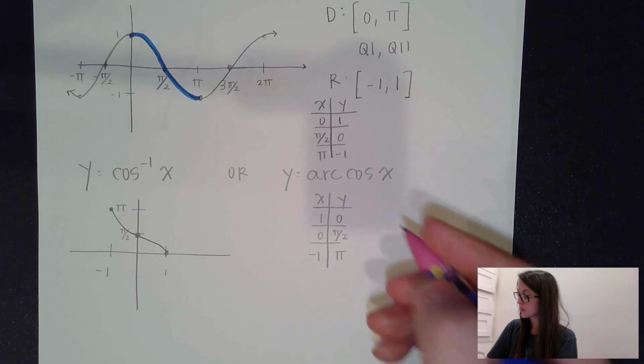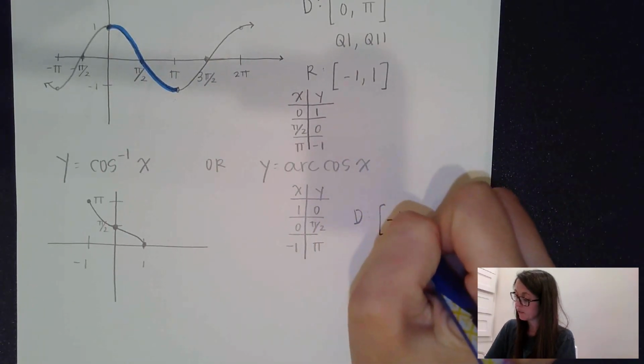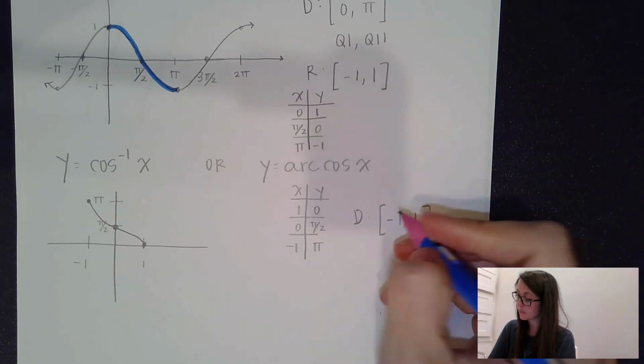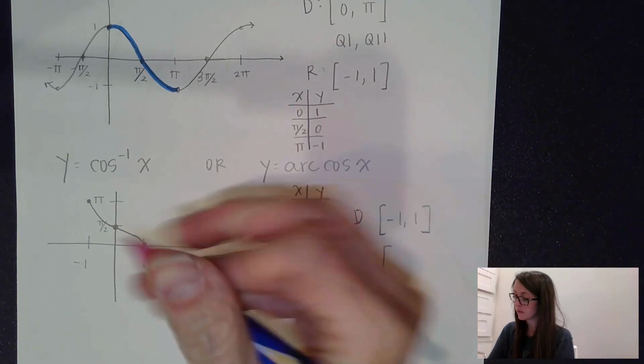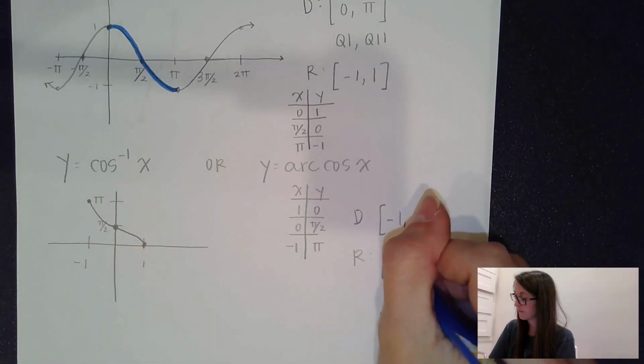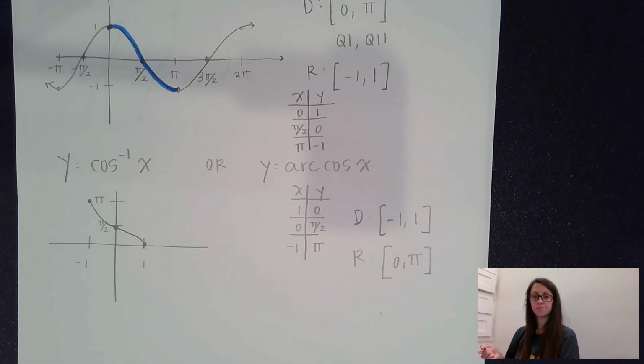For your arc cosine graph, your domain is going to be negative 1 to 1, and the range is going to be 0 to pi. Good deal.